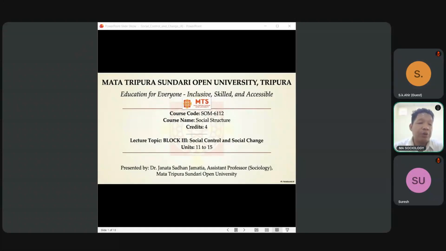So today I'm going to check your class course name, Social Structure, course code SOM 6112. Basically, we have finished the two blocks already, and today I'm going to take block 3, that is social control and social changes, from unit 11 to unit 15.